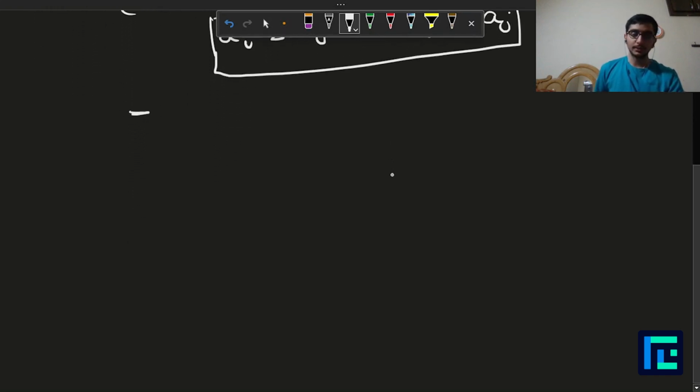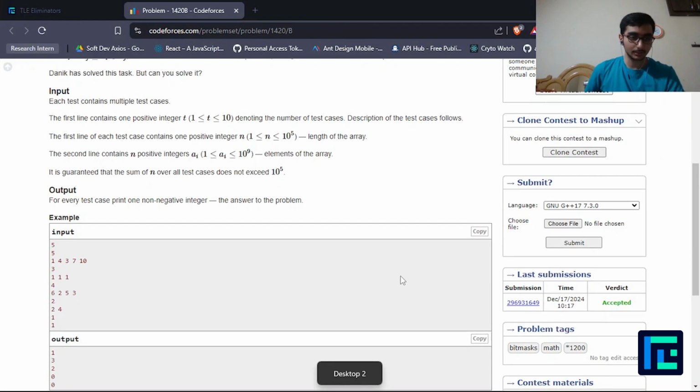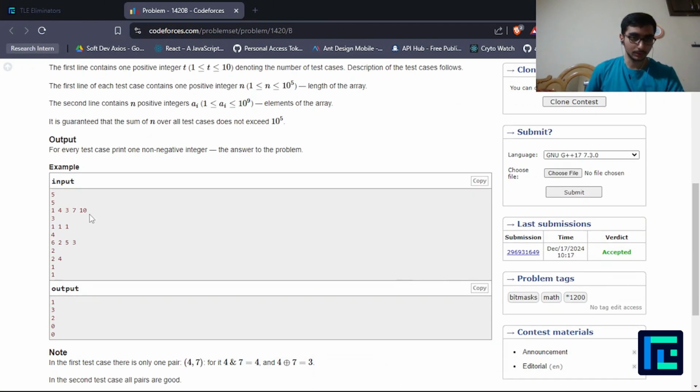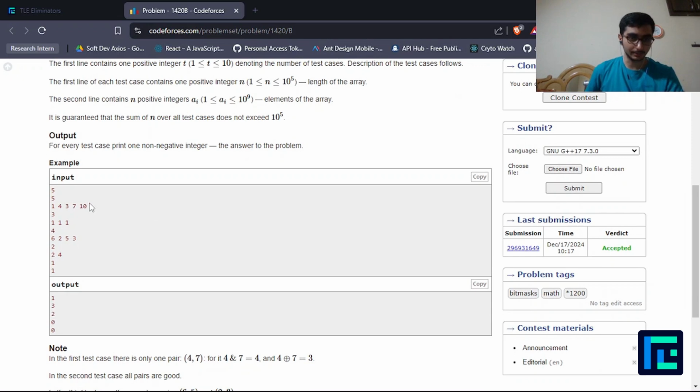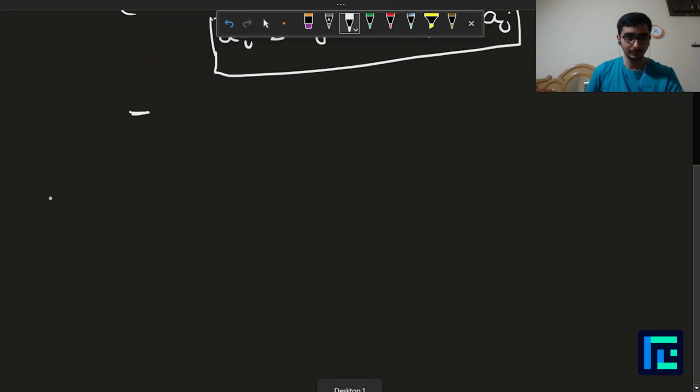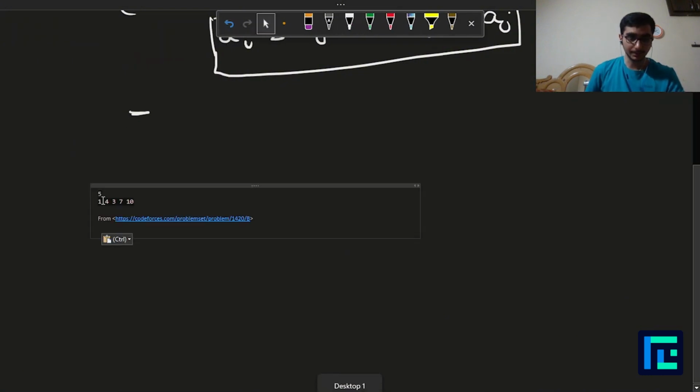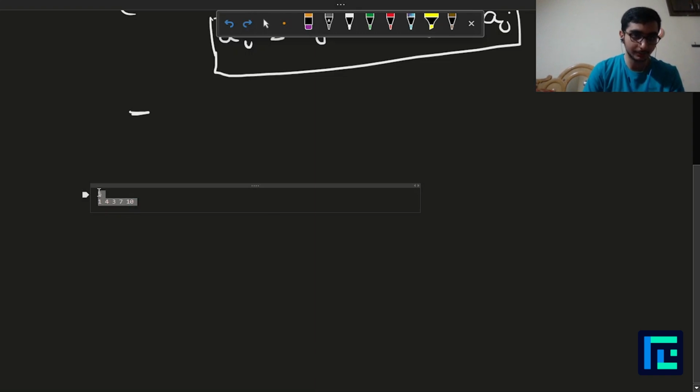Now let's move on to understand the sample cases. Let's take this one. Let's paste it here and remove any extra part. Also, let's increase the font size.